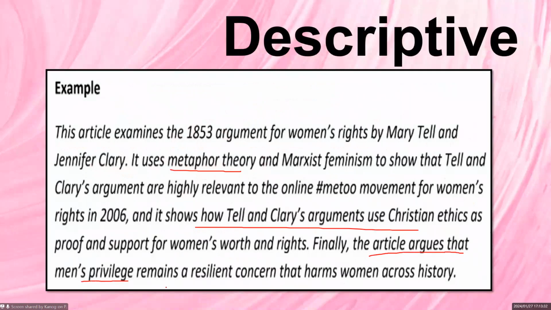So this is what happened, just showing the methodology they use and then the result of it. Very short. It's called descriptive.